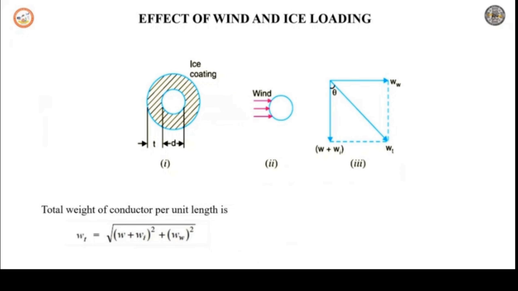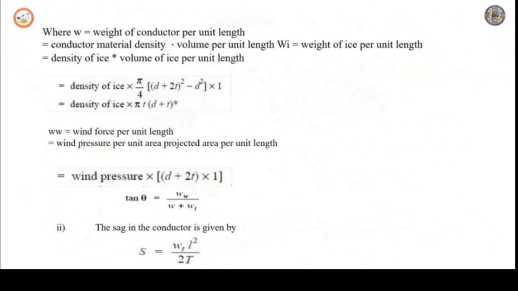Hence, it is necessary to note the following points. The sag direction is at an angle theta measured with respect to the vertical. Hence, the sag is called slant sag. This is calculated by the expression derived earlier, considering the total weight Wt. We have the ice loading and the wind loading.